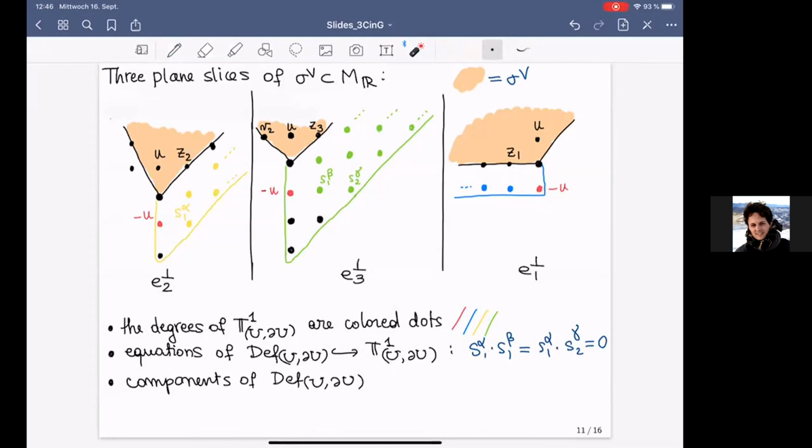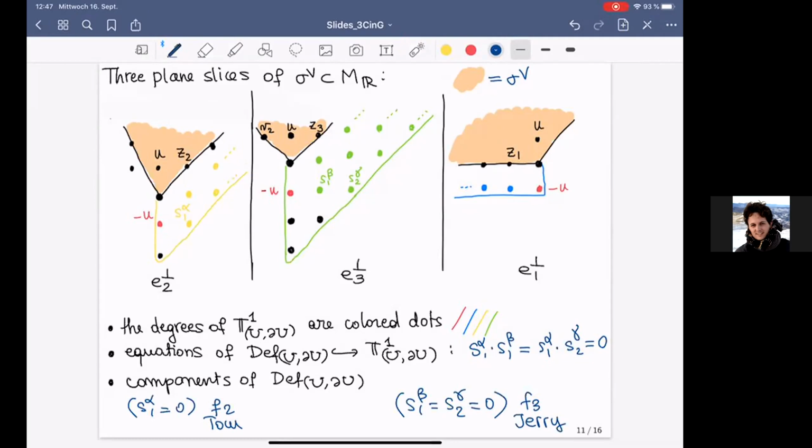Okay. And so now I have two irreducible components. One is S1 alpha equals 0, and one is S1 beta equals S2 gamma equals 0. So these are the two components of the smoothing, and this is related to F2, and I think this is a Tom, and this is related to F3, and this is a Jerry. Okay, so this is basically the conjecture picture.